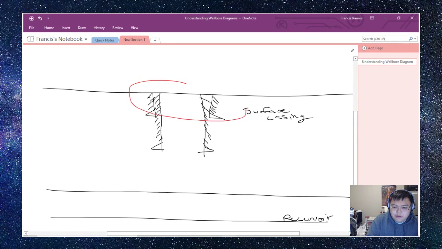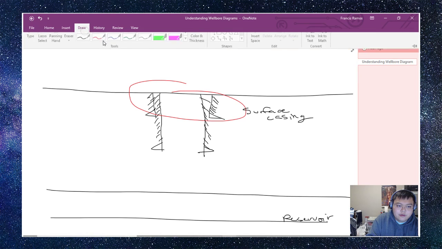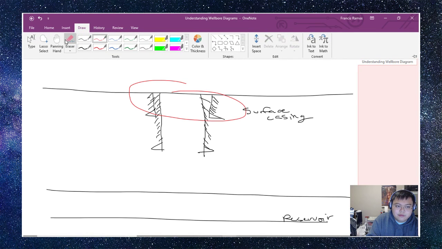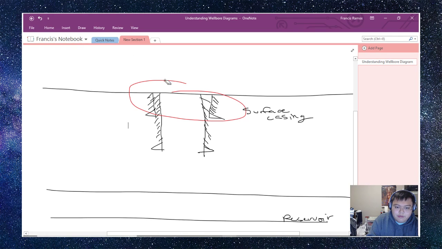When you drill your hole and set your surface casing, you want your next set of casing to have a smaller radius than your surface casing. Otherwise, it won't fit at all. So what happens is, when you're drilling, you use your drill bit, you drill down. I don't know, can you see my cursor?